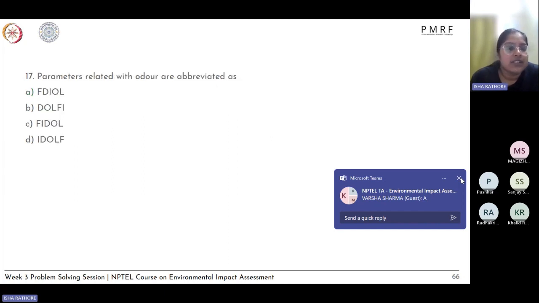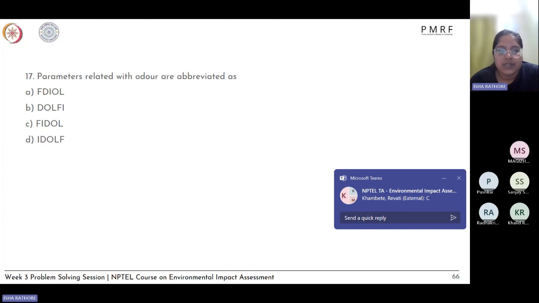Moving on, so parameters related with odor are abbreviated as A, FDIOL, B, DOLFI, C, FIDOL, or D, IDOLF. So we looked up the parameters which are used for measuring the odor.